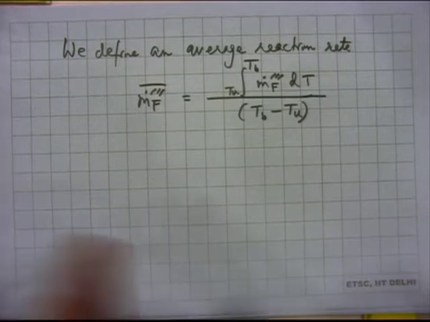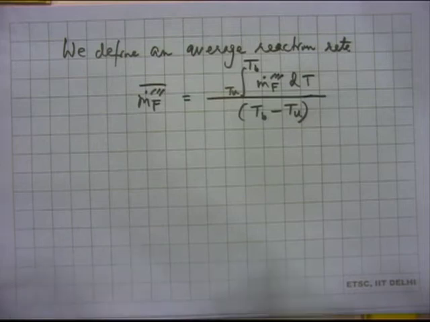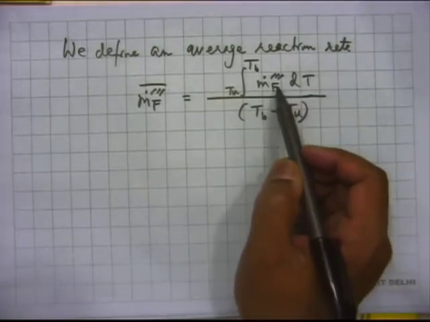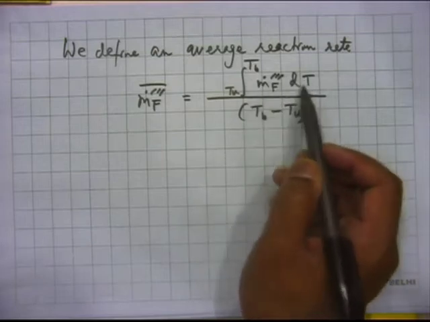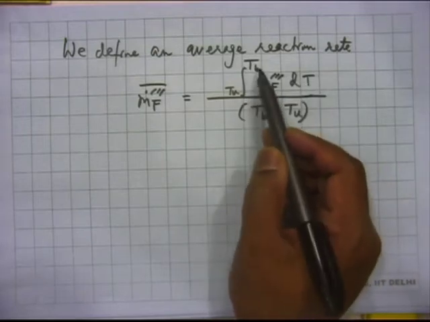We are just calling it the average reaction rate. So, it is m dot f triple prime integrated with respect to temperature between T_u and T_b.